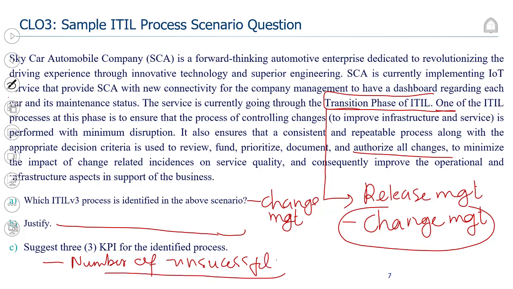This is also important because, apart from the successful ones, you also need to look at the unsuccessful ones, because they will tell you whether you are actually doing changes correctly. So you put the number of successful changes, but the number of unsuccessful changes is equally important. And we always monitor that. We always check to see how many of the changes we did, okay?